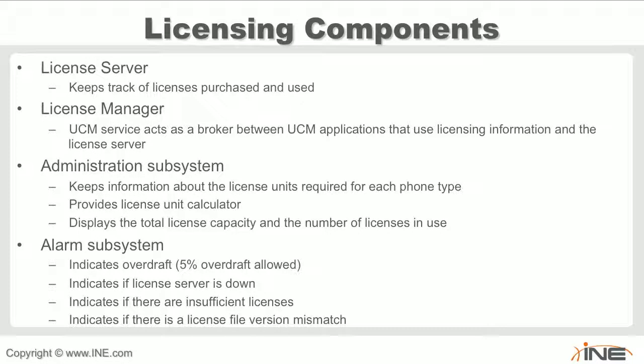I'm not really given those additional units, but it's not going to stop me from provisioning additional devices until I get above 105%. 100 is obviously the maximum DLUs that I've purchased, but I have that 5% overage.